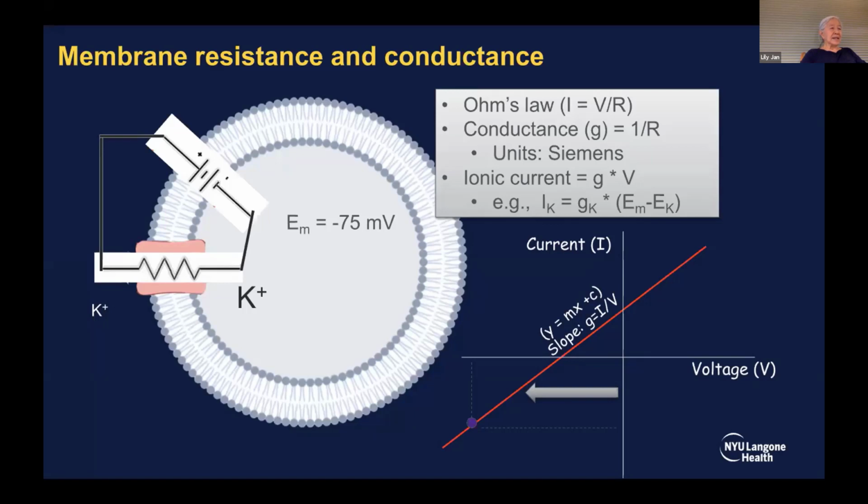The conductance of a channel is a measure of how easily ions can go through the channel. So the conductance is inversely proportional to the resistance. And on an IV plot where we measure the current as a function of voltage, the slope of this IV will give a measure of the conductance.